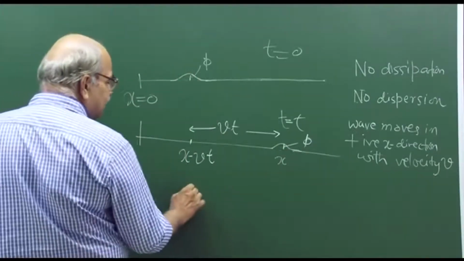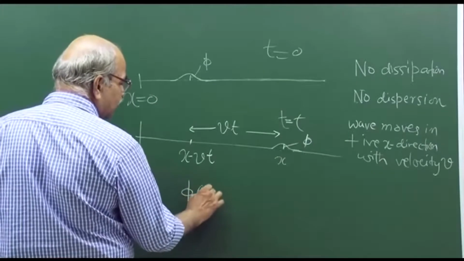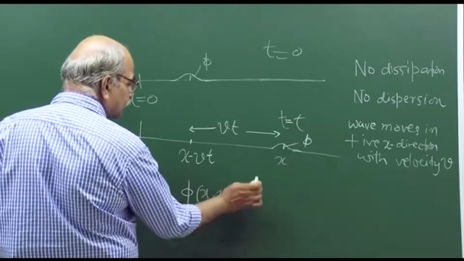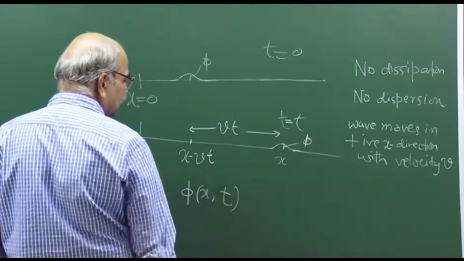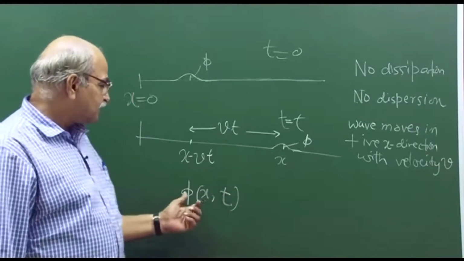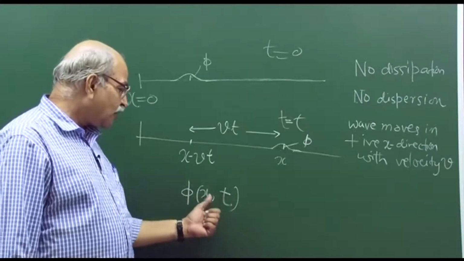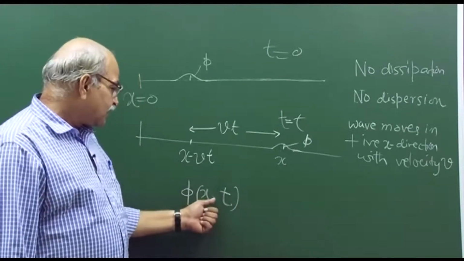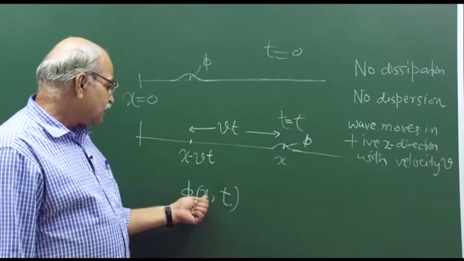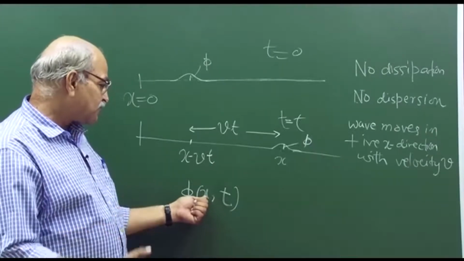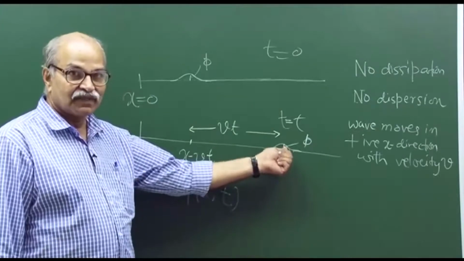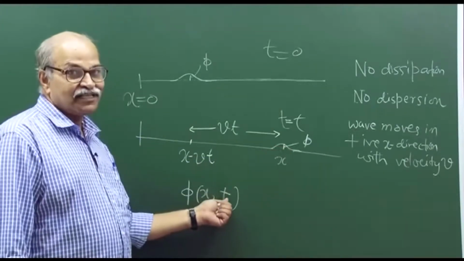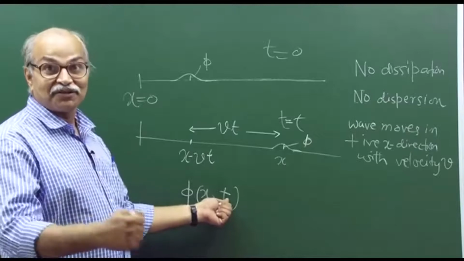So, if I write this as phi x comma t, why this comma, why these two variables? Left to the comma tells me which portion I am talking of, x, that means I am talking of this position. Right to the comma tells me what time I am talking of.